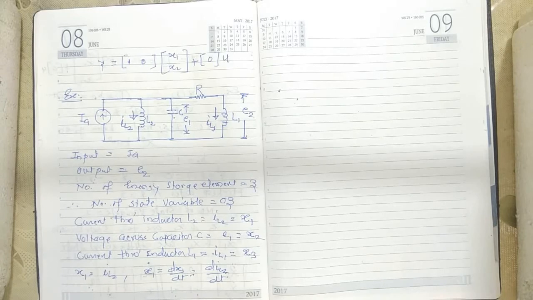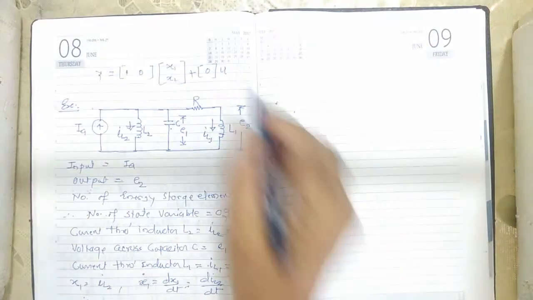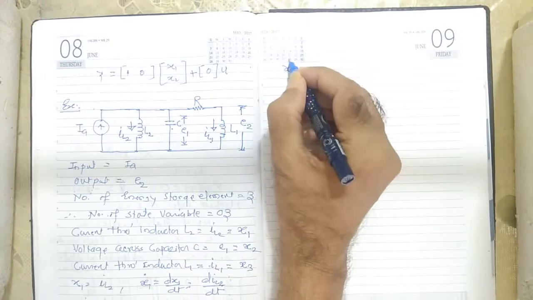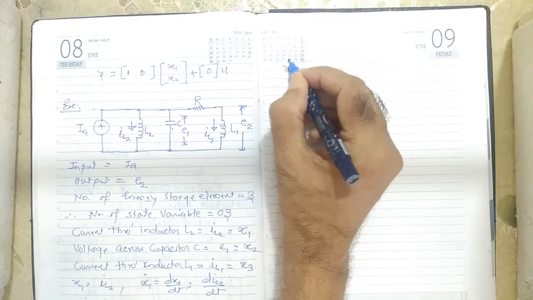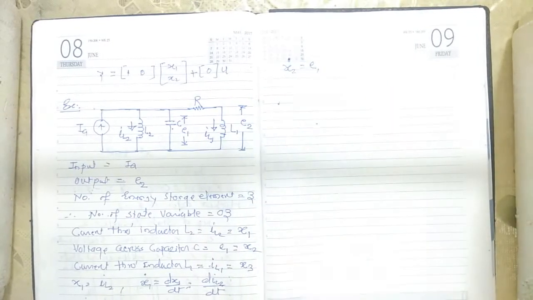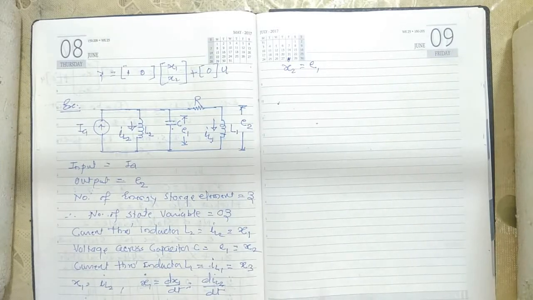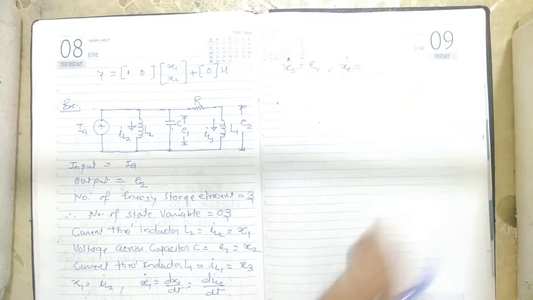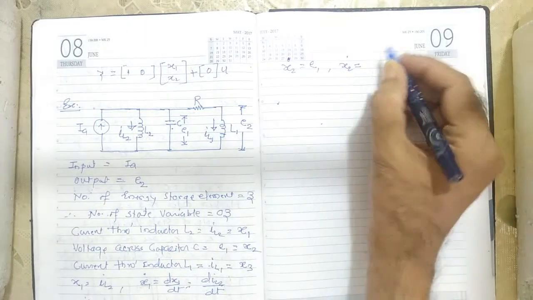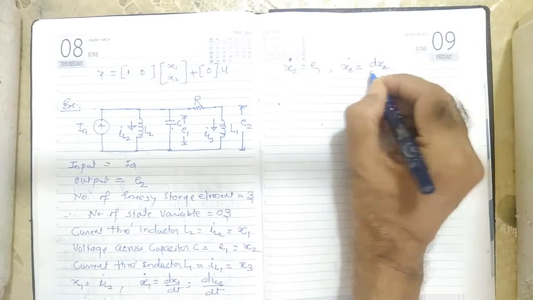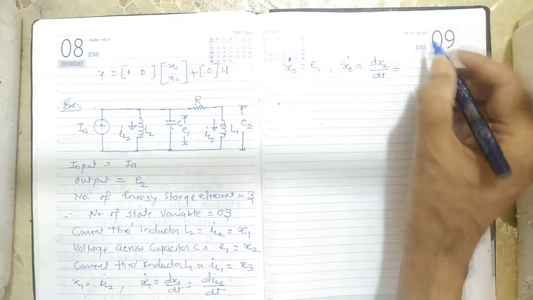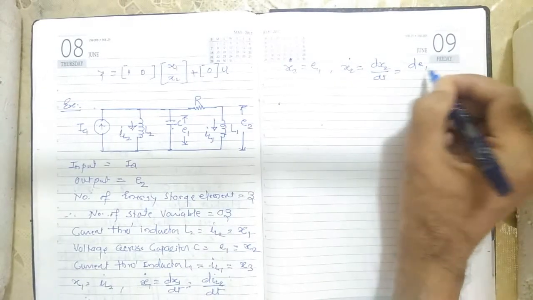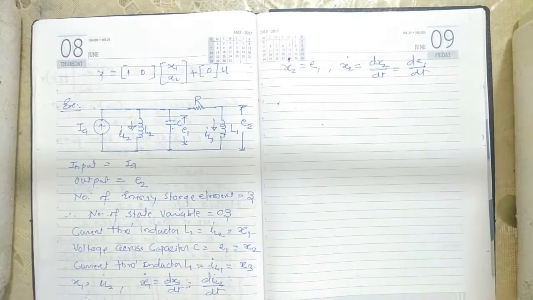Similarly, we can write the equation for x2 dot. x2 is equal to E1, so x2 dot is dx2 by dt, that is nothing but dE1 by dt.